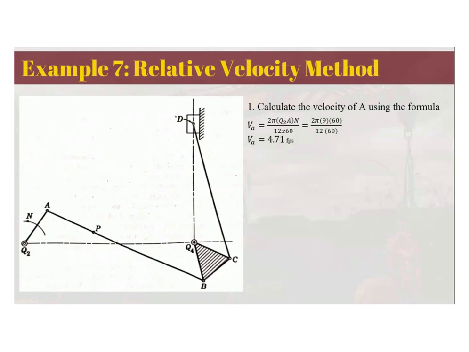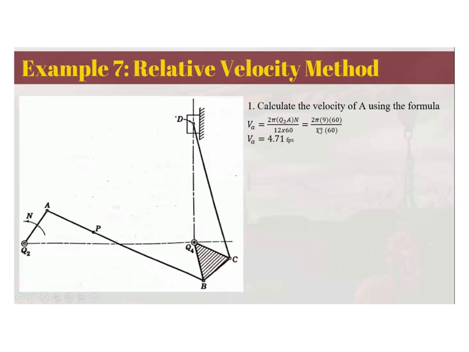The first step is to calculate the velocity of A using the formula. We can compute the velocity of A since the radius Q2A and the angular velocity of that link are known. That's why we can solve for the velocity of A using the formula 2 pi Rn, right? So we have the velocity of A. We just convert it to feet per second.